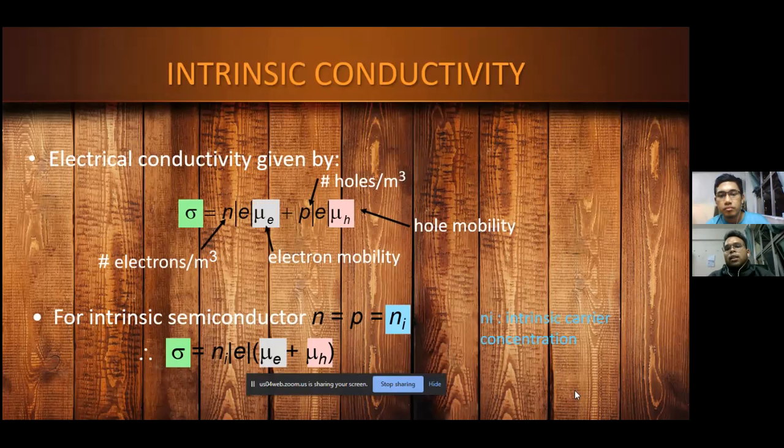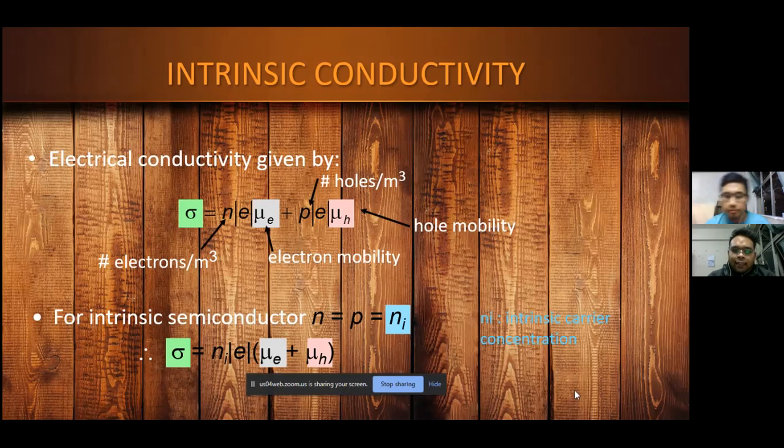So electrical conductivity is given by sigma equal to n e mu_e plus p e mu_h. P is the number of holes per cubic meter and mu_h is the hole mobility. Meanwhile, mu_e is the electron mobility and n is the electrons per cubic meter.